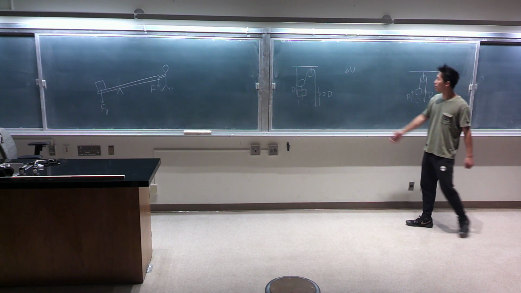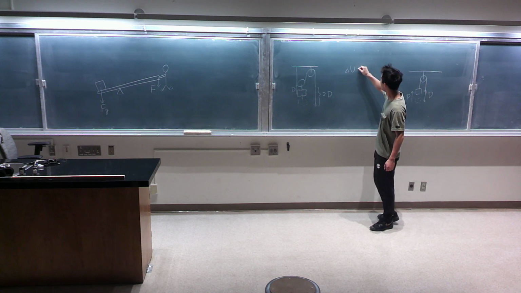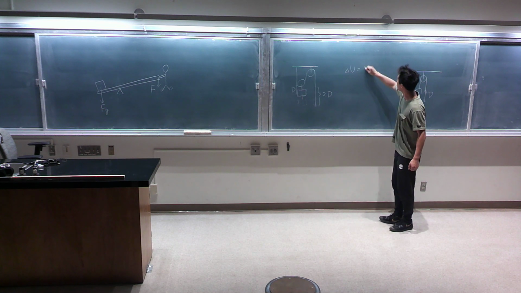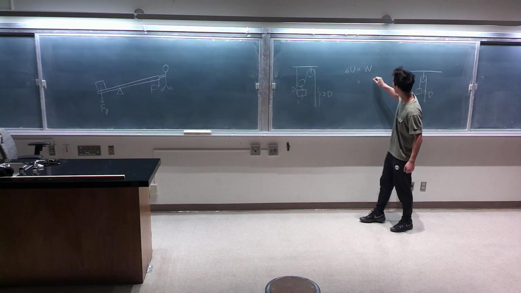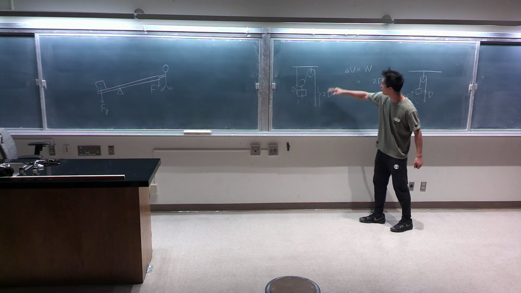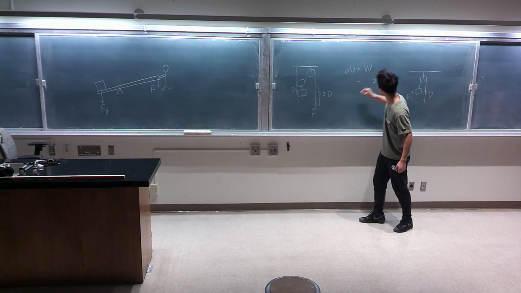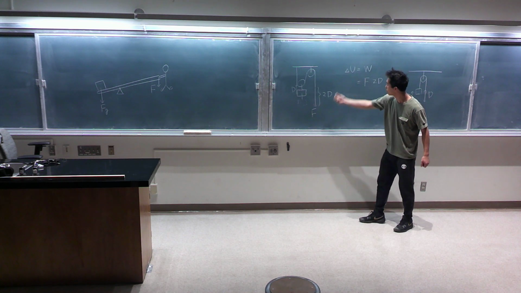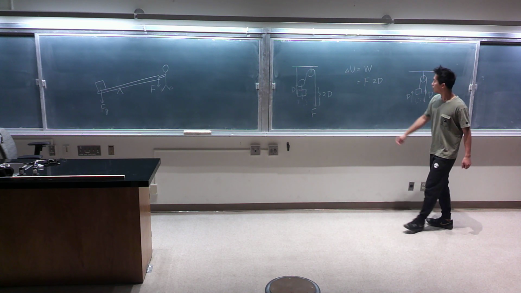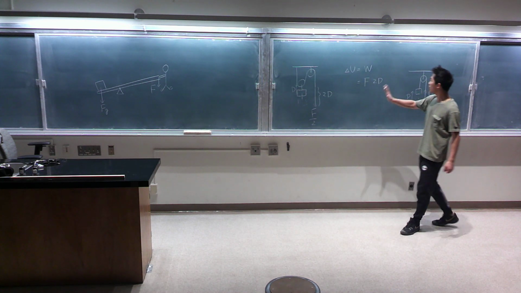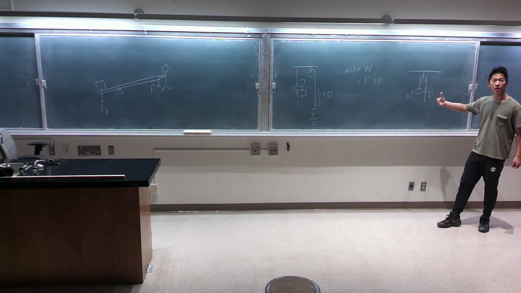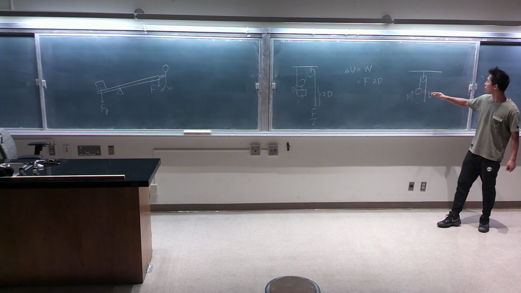But for this pulley, you need to pull it twice the distance. Work is going to be the force times the distance you apply the force. So you see, these two pulleys end up increasing the same amount of potential energy.